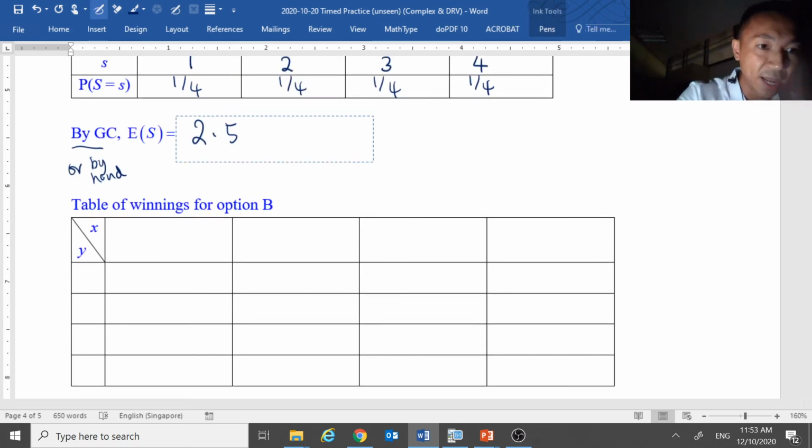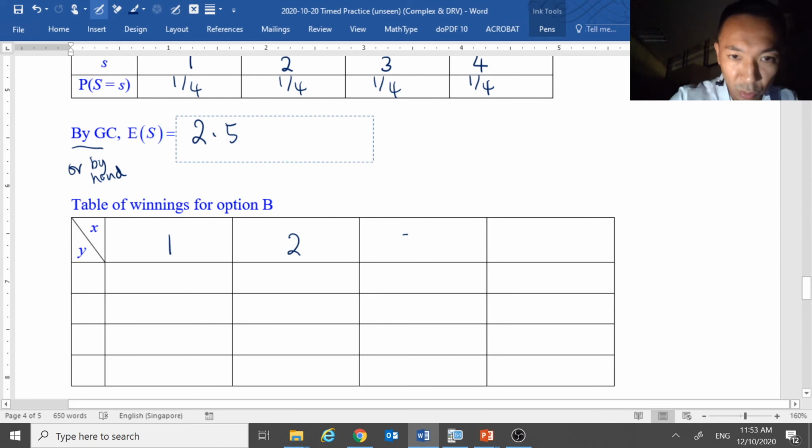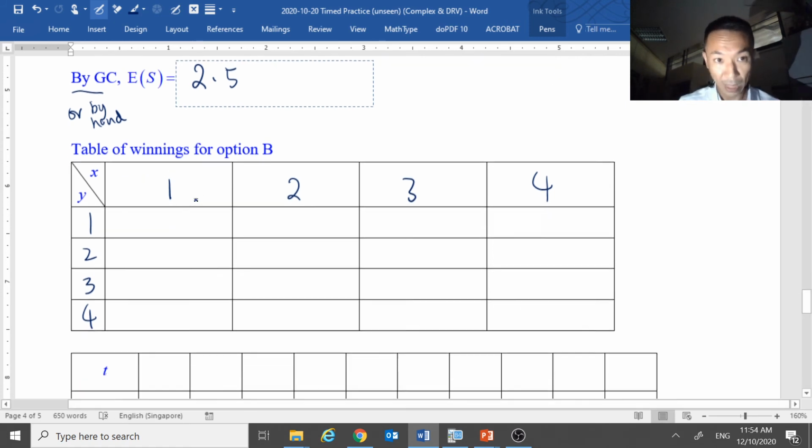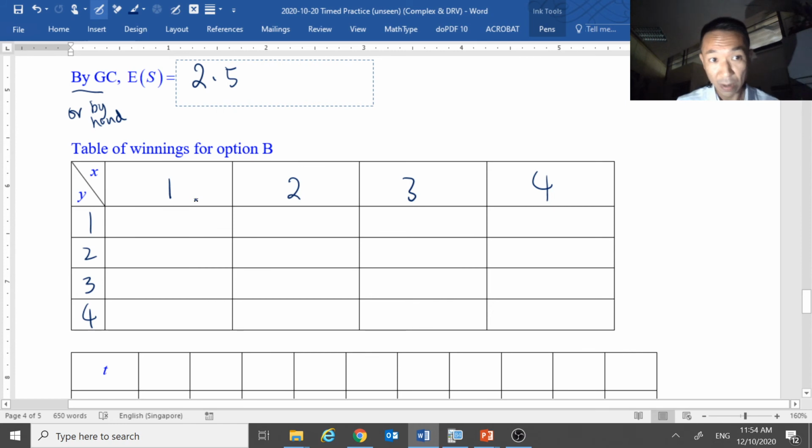Your X and Y can be 1, 2, 3, 4 and 1, 2, 3, 4. Now this is what I call tedious. 16 cases, tedious, but is there a way of simplifying the tedious step? Actually, yes. But it's not difficult, right?